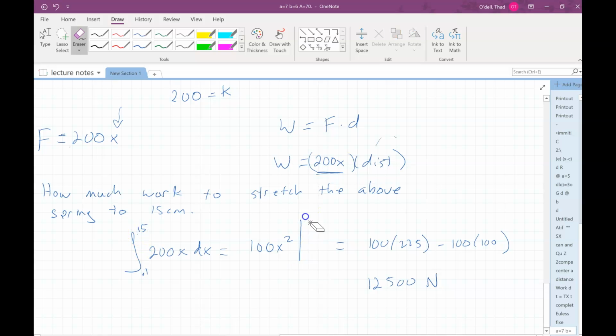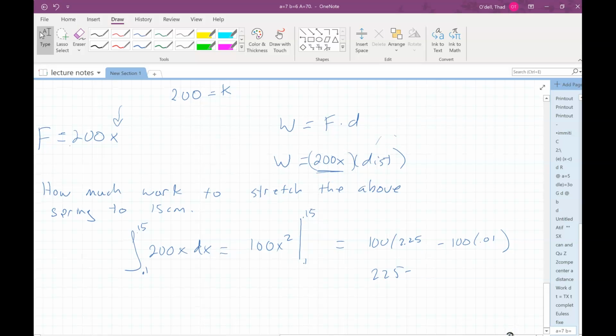So this would be 2.25, I thought that was kind of a big number, and this would be 0.01. Then that would be 2.25 minus 0.01, so 100 times that gives 224 newton-meters.